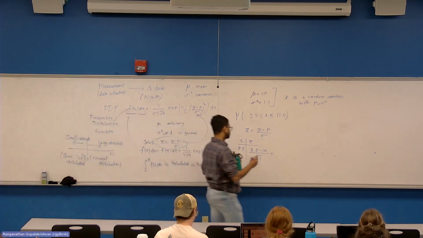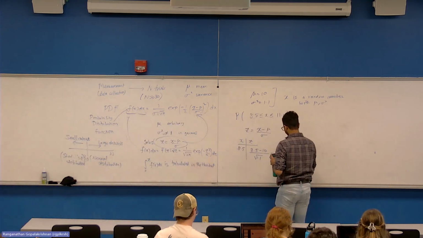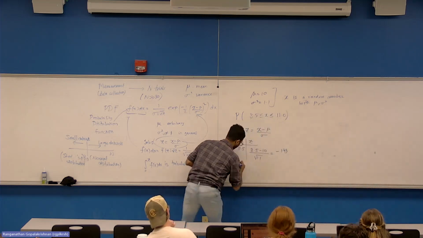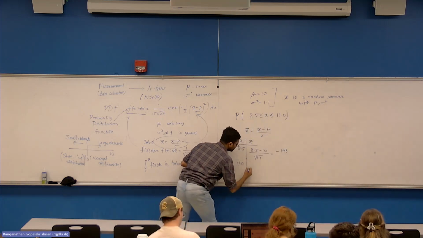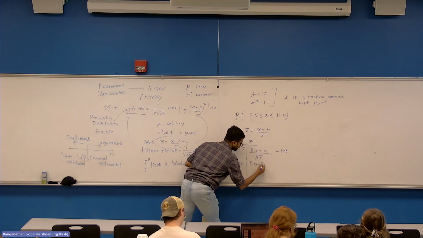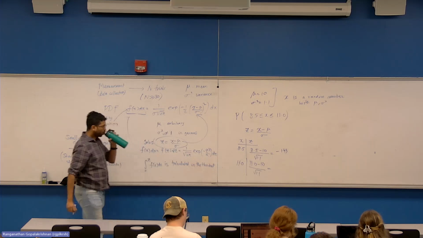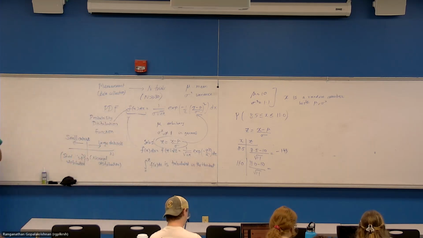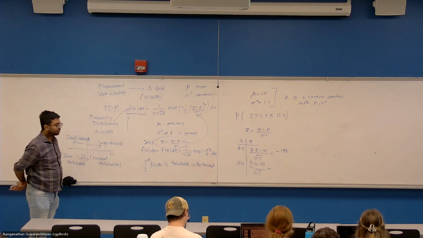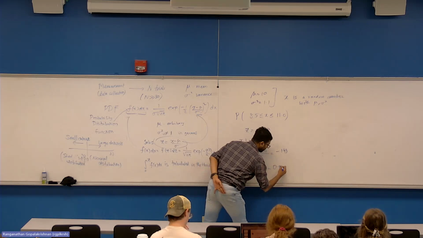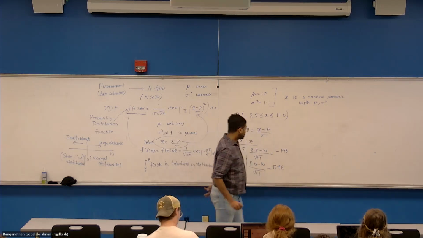Negative 1.43. And if x is 11, this is 11.0 minus 10 divided by square root of 1.1, which is 0.9535, we'll call it 0.96.